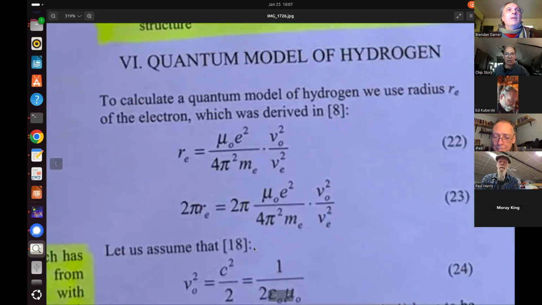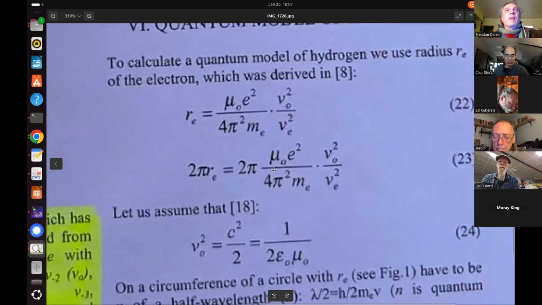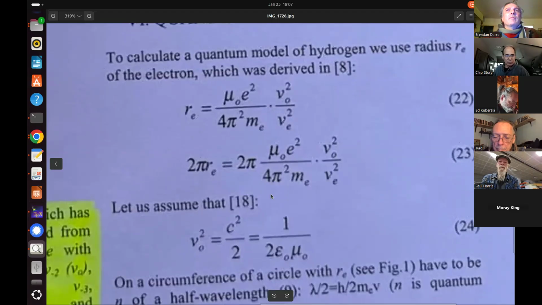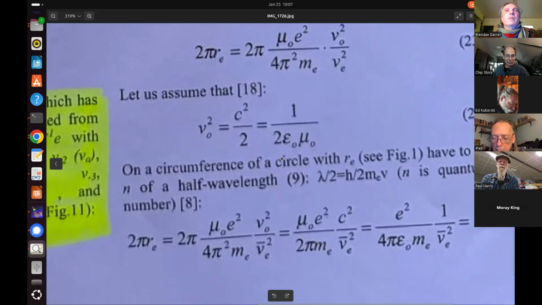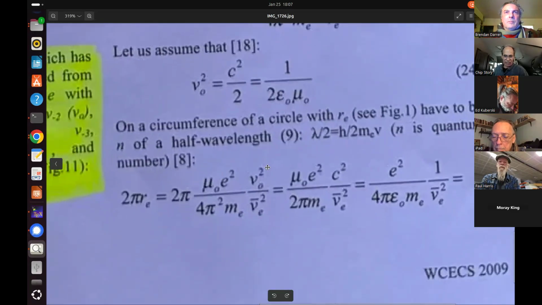Interesting. All right, quantum model of the hydrogen. To calculate a quantum model of hydrogen, we use the radius r sub e of the electron, which is derived in the equation. Let's assume that in equation 18, on the circumference of a circle, radius r has to be n of a half wavelength. On a circumference of a circle with radius r sub e, there has to be a half wavelength.